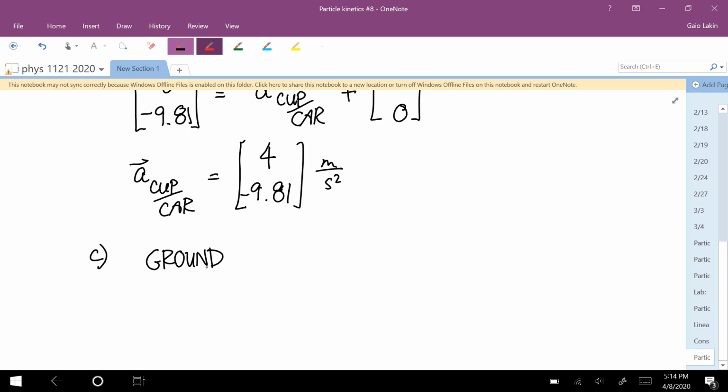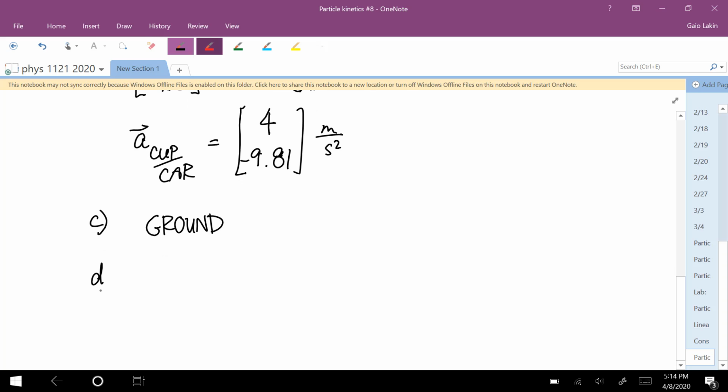All right, so D, use Newton's second law to calculate the net force. Well, we know that the acceleration in the ground coordinate system is 0, negative 9.81.